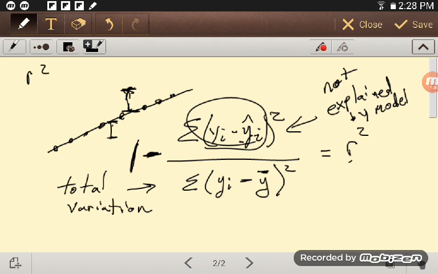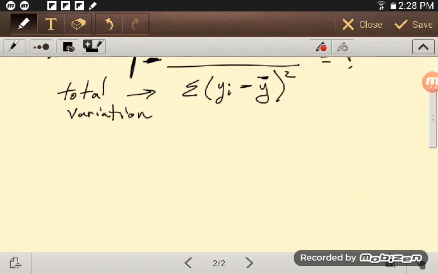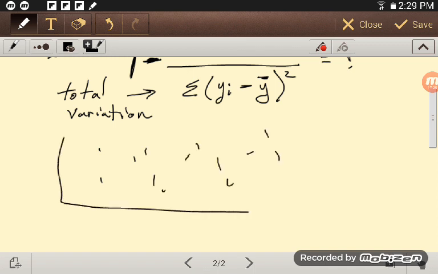Okay, so if the model was perfect, this part would be 0. On the other hand, if the model is totally bogus, suppose I have data that look like this, and I would generate that line. Well, actually, I can tell you that line is at y bar.